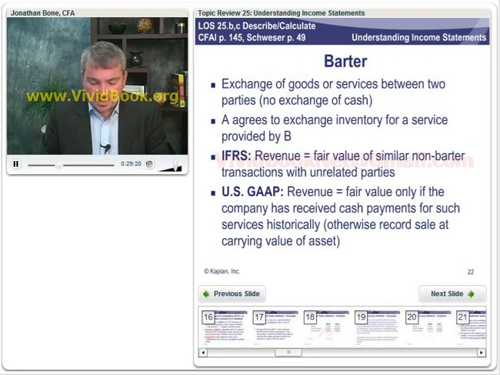Okay, we're also asked to be a little bit aware of barter transactions. What is a barter transaction? Well, when we've exchanged goods or services between the two companies rather than one company paying cash for a good or service. So for an example, A has agreed to exchange inventory in return for receiving a service from B. So what are the rules? Well, notice IFRS says record a sale, and that sale should be equal to the fair value of similar non-barter transactions with unrelated parties.